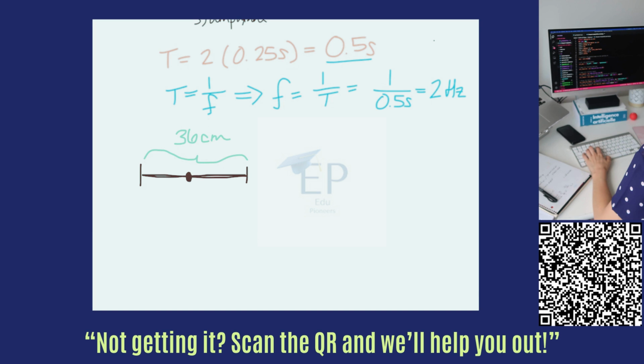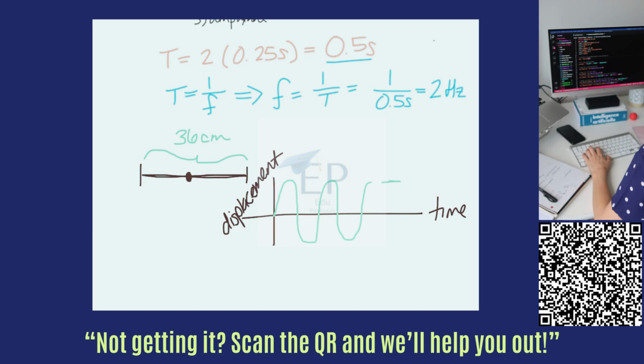If we were to take this concept and actually turn it into a graph, where we have displacement on our y and time on our x, and we tracked the motion of this object. If it started in the center and it went to the right, and then it went to the left, and to the right, and to the left, and so on.